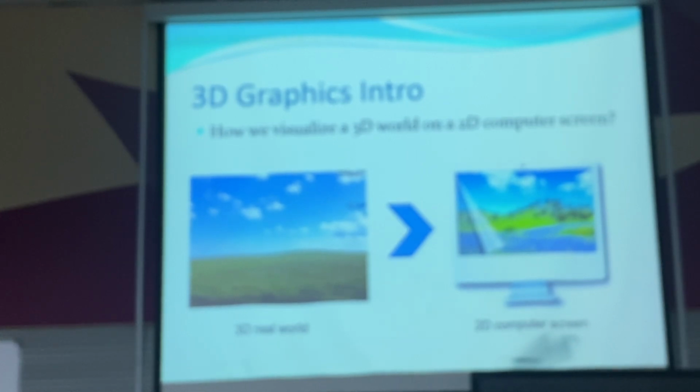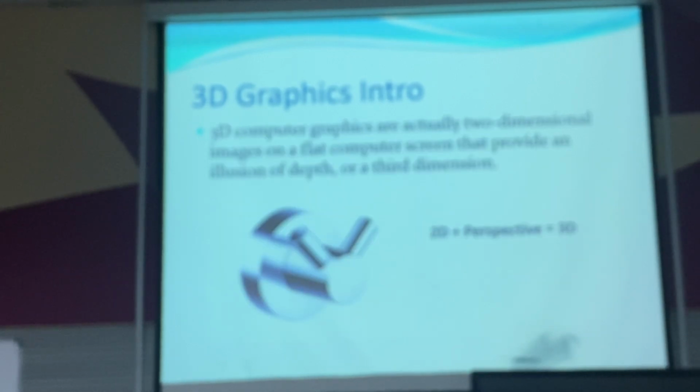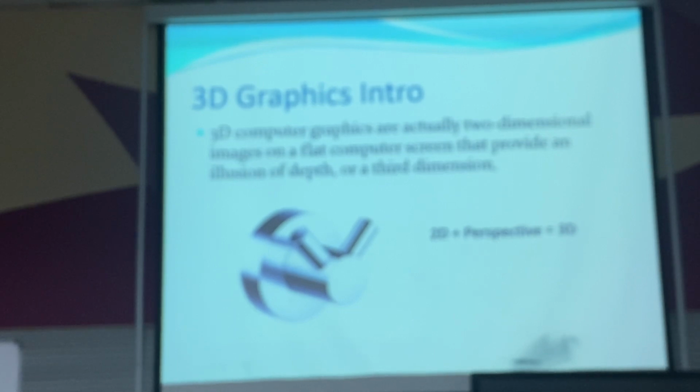So when you project anything, when you transfer the real world to a screen, it reduces 1 dimension, it becomes 2D. So your 3D graphic is actually a 2D image on the screen, but it gives you the illusion of the 3rd dimension, which is the depthness. So how do you show this 3rd dimension?